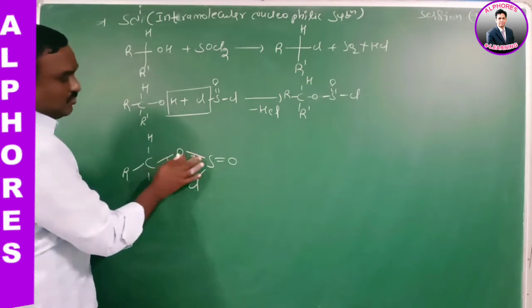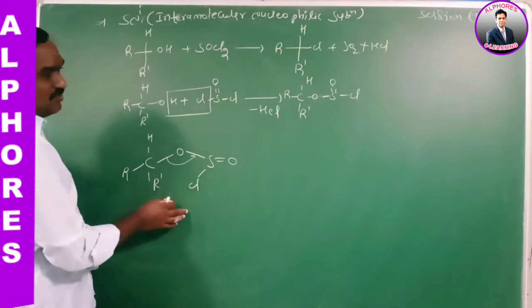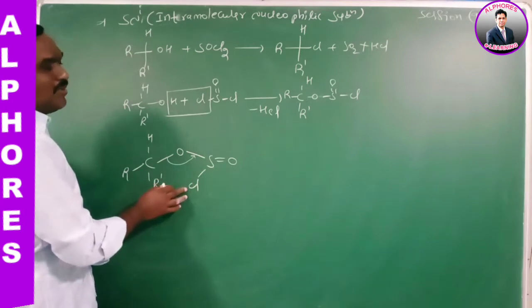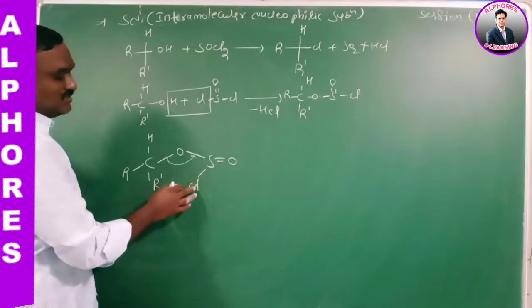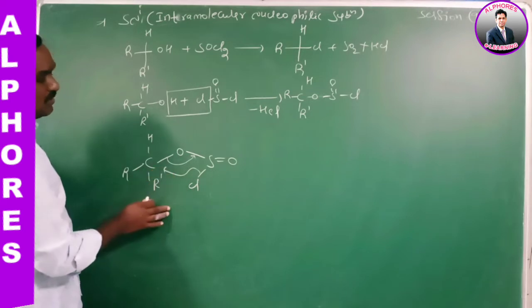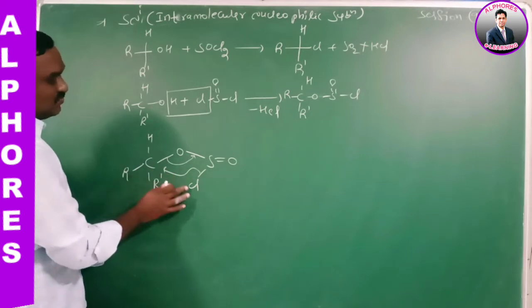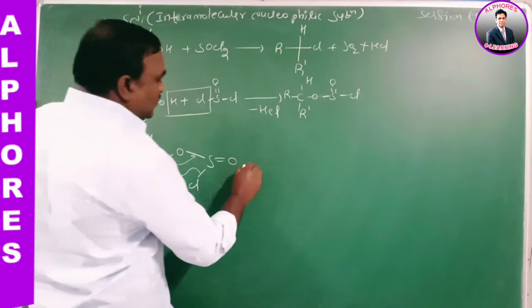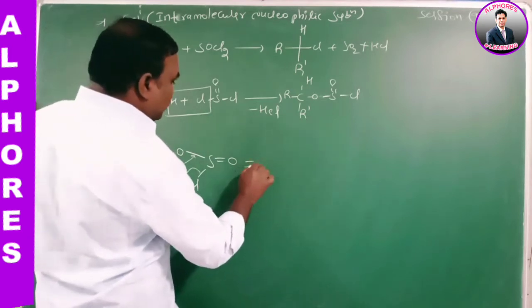After that, bond cleavage is possible, and chlorine is released as chloride with the sigma bond electrons. A new sigma bond is formed between carbon and chlorine.